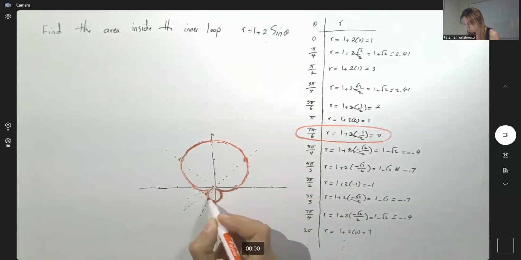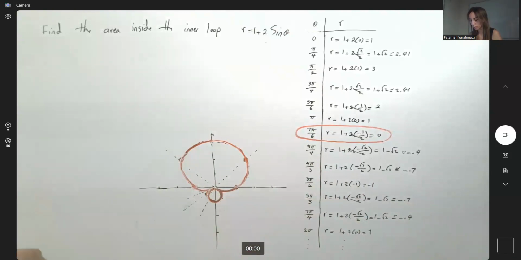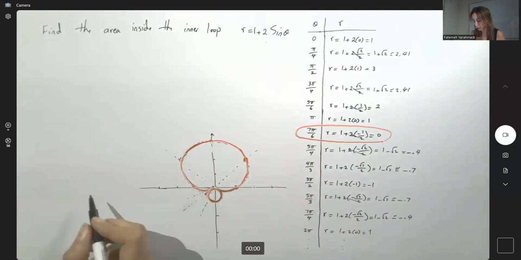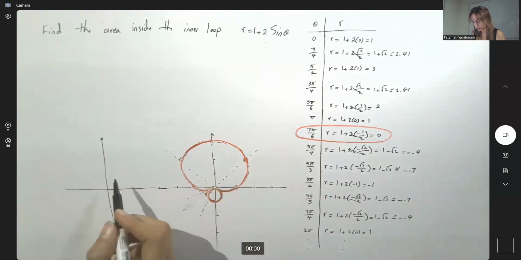So we want to know what this little area is. Remember that when it comes to graphing this in the polar world, we flip this, and when you Google it or try to graph it online, you see this object instead of this.